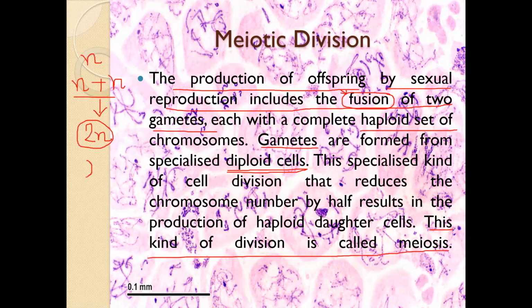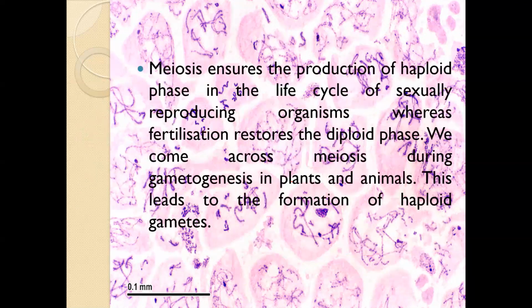The gamete cell is also formed from a diploid cell, that is, a 2n cell. The 2n cell divides and produces n cells, that is, haploid cells. This kind of cell division we call meiotic cell division.